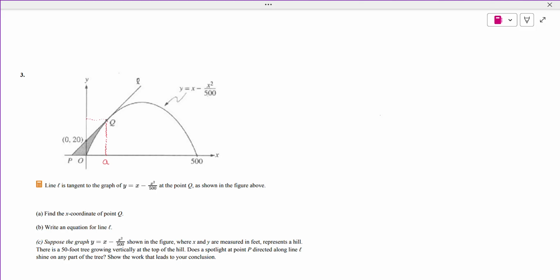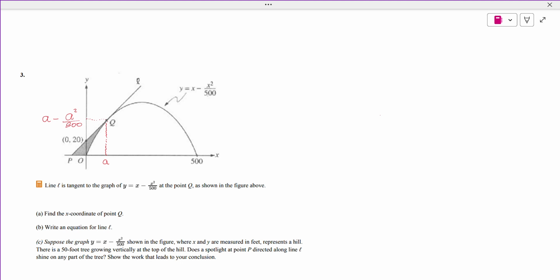We will plug in A here. So it will be A minus A squared over 500. This is A and f of A. How did we get A minus A squared over 500? We substituted A into y, because we are looking for x and y.